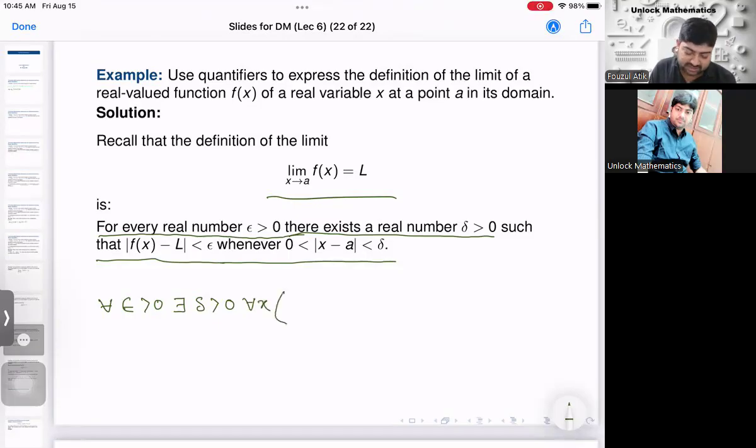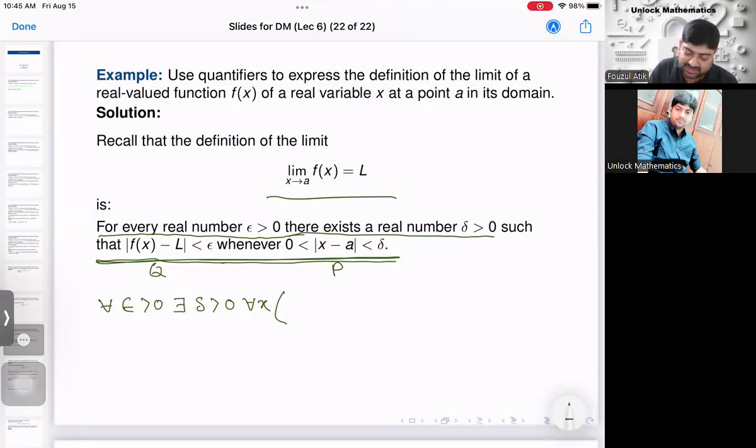And then this condition. Observe this condition carefully. It says that mod of f(x) minus L is less than epsilon whenever 0 less than mod of x minus a less than delta. Suppose this is q and this is p. What does it mean? It means that q will happen whenever p will happen.